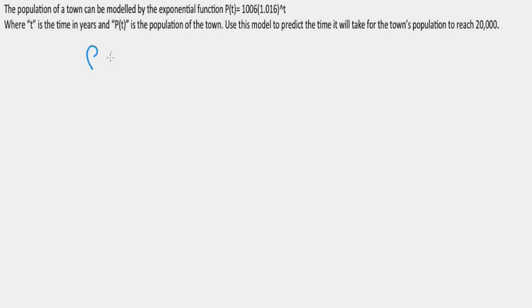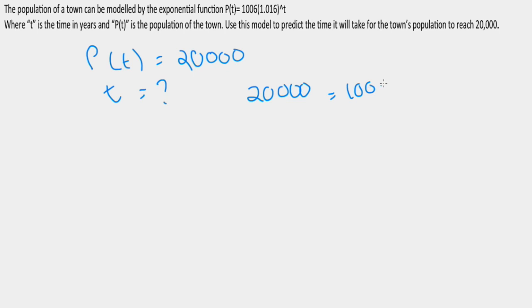Alright, so what do we know here? We know that the population at this moment is 20,000 at a certain moment. We don't know the time, so we're trying to find the time. So let's simply sub this into our equation, and we have 20,000 is equal to 1006 times (1.016 to the exponent t).